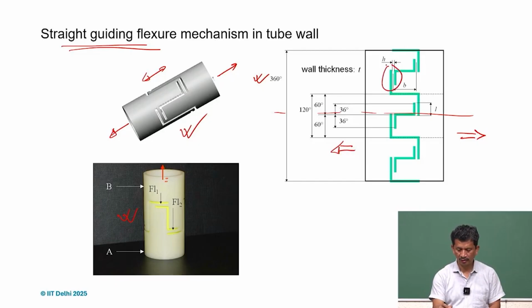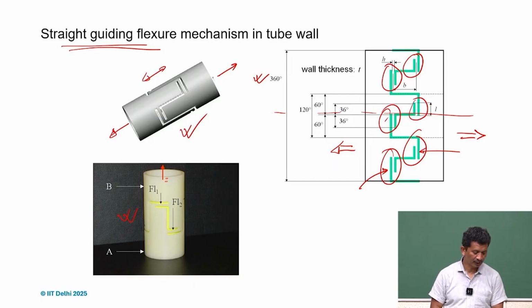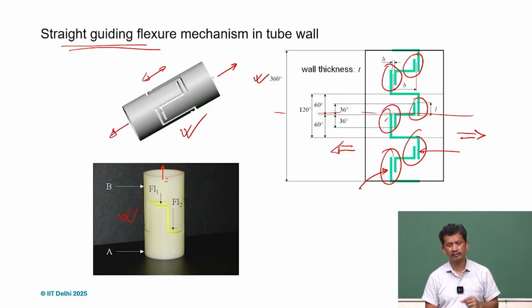So these pairs, if we see, 3 pairs are there, and if we try to pull, these flexures will deflect and we get straight guiding mechanism behavior. So very nice, I think, and we can use these tubes to design different kinds of flexure mechanisms, even for common use.